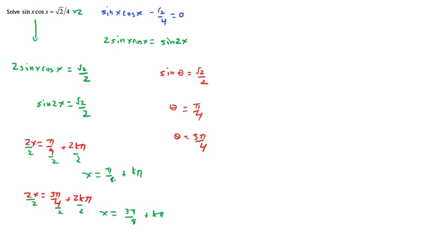These are our final answers. x equals pi over 8 plus k pi, and x is also equal to 3 pi over 8 plus k pi.